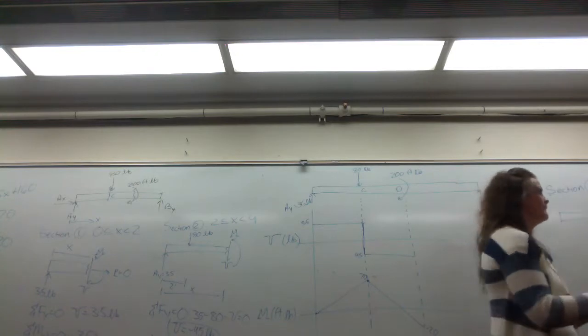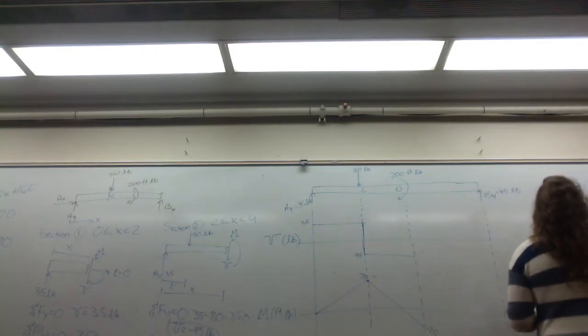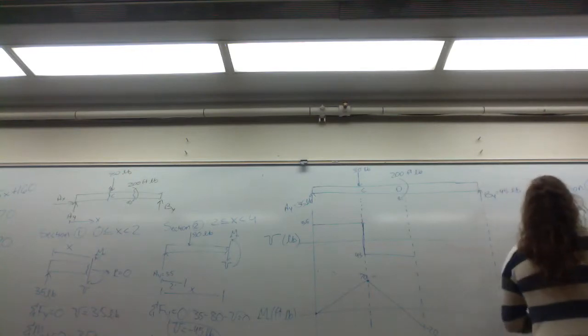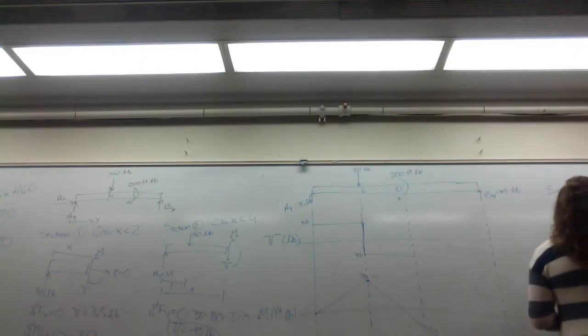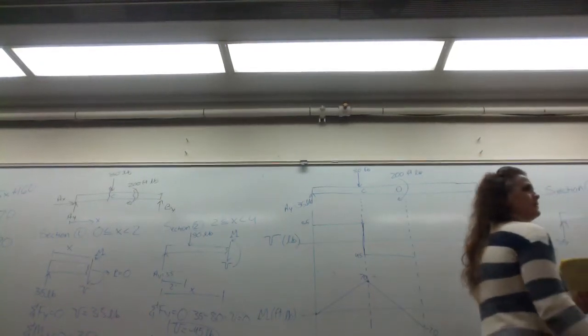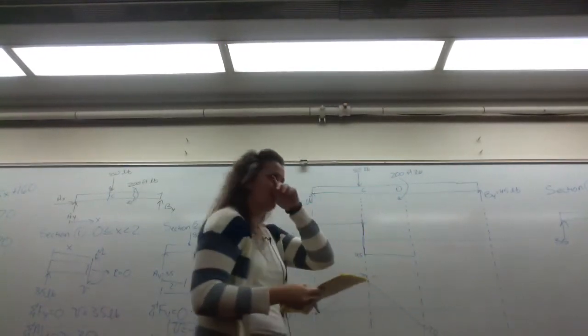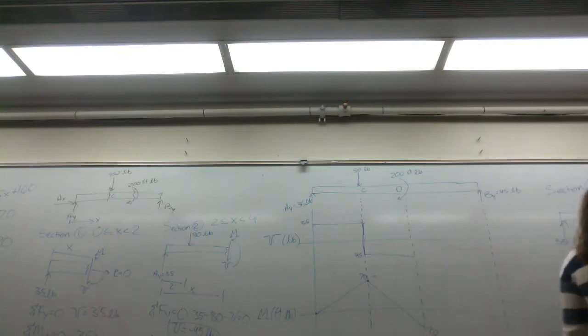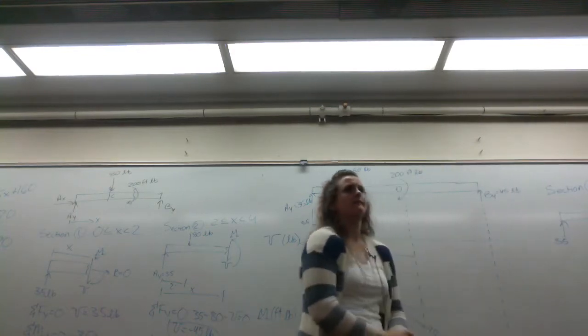We draw our external forces. We have a 35-pound reaction, an applied force of 80 pounds, and we now have an applied moment at D in a clockwise direction. And we also have our internal forces, our shear and our bending moment.